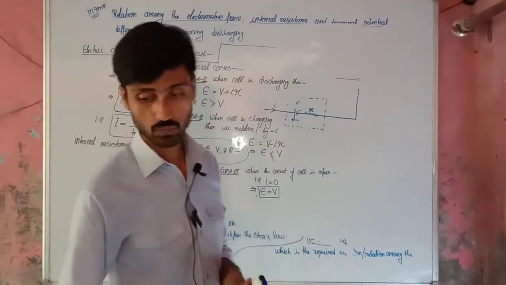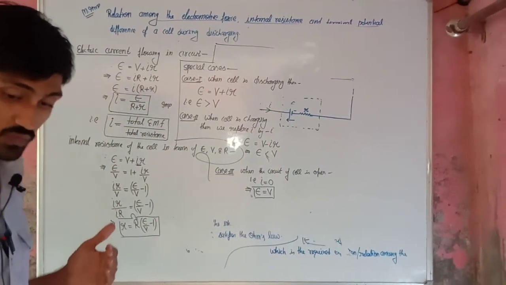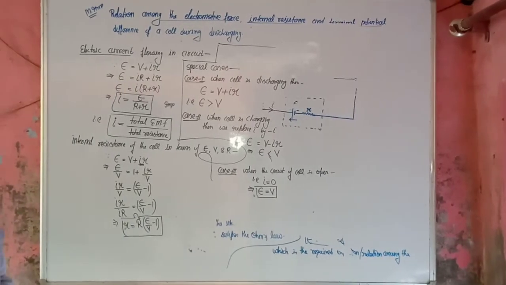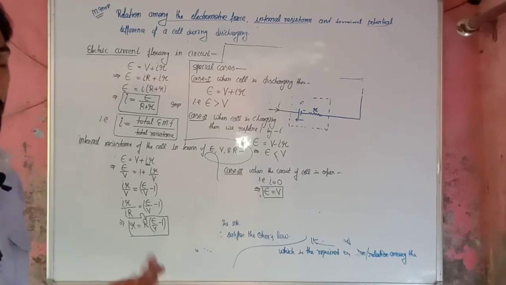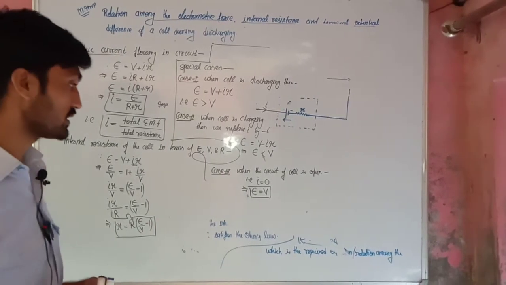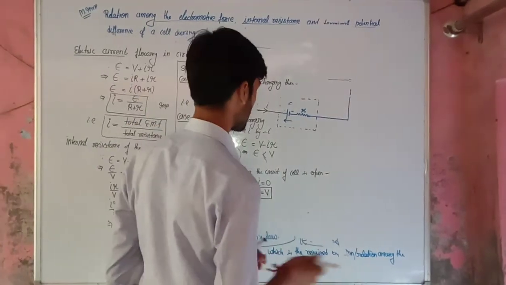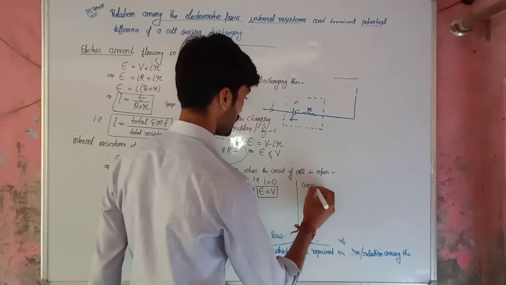Okay, remember this point. And the next point is, if the cell is short circuited, then what happens? If the circuit is short circuited, it means the external resistance of the circuit is 0. This is case four.